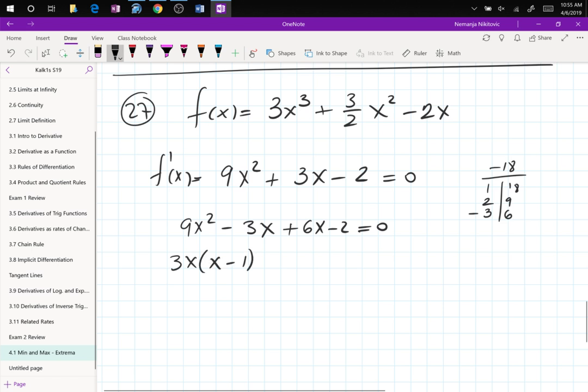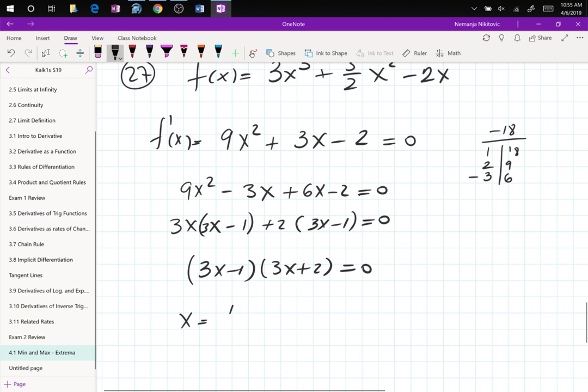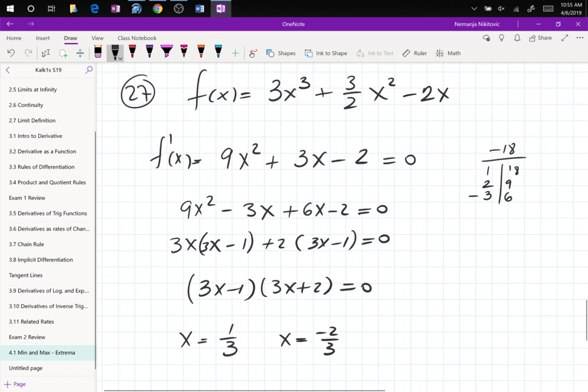Factor out positive 2, you're left with 3x minus 1. And then 3x minus 1, 3x plus 2, equal to 0. So we have 1/3 and negative 2/3. So those are your critical numbers.